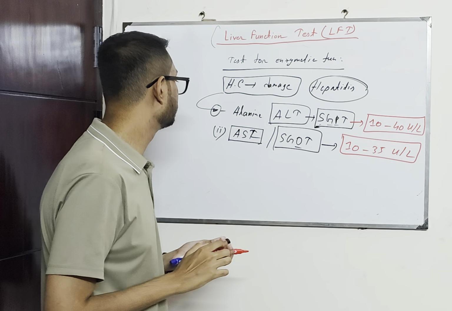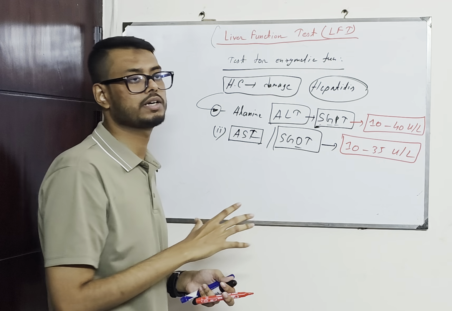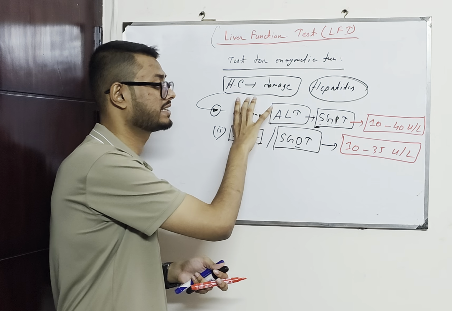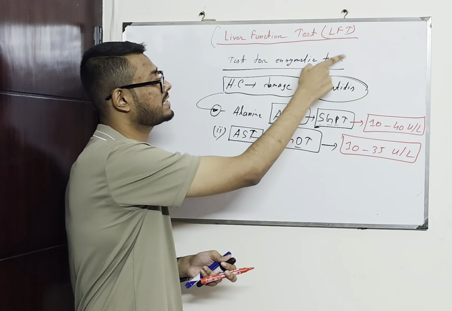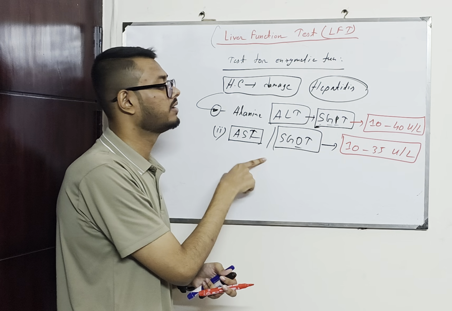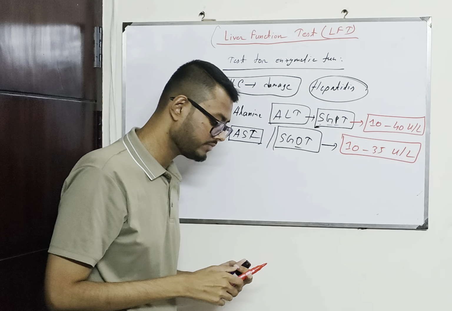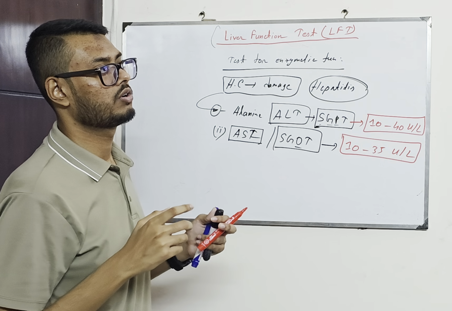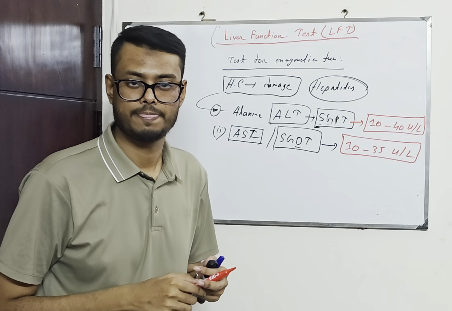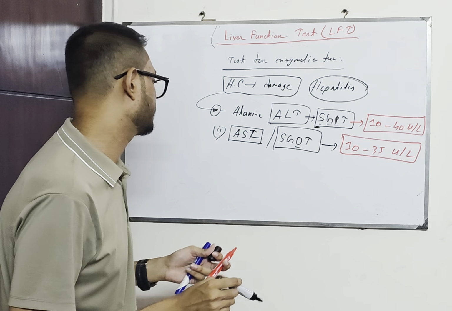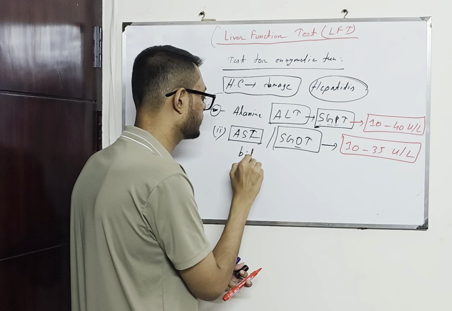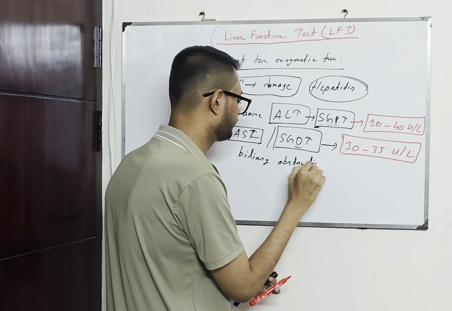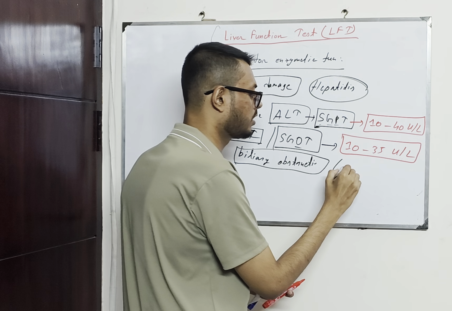So these two are basically hepatocellular. In case of hepatocellular damage or hepatitis, we can see these two enzymes. This is the indication of enzymatic function that we can see in the blood test or biochemical test. Now there is another thing, that is biliary obstruction, or we can say obstructive jaundice.